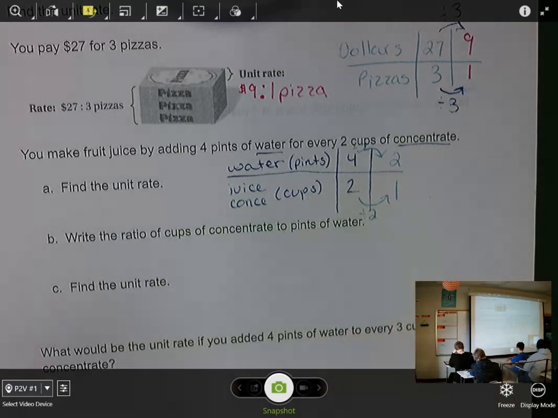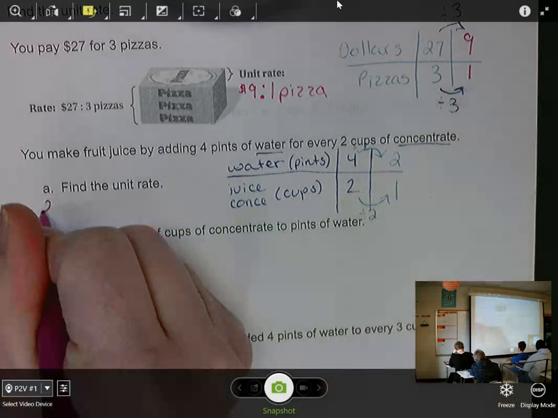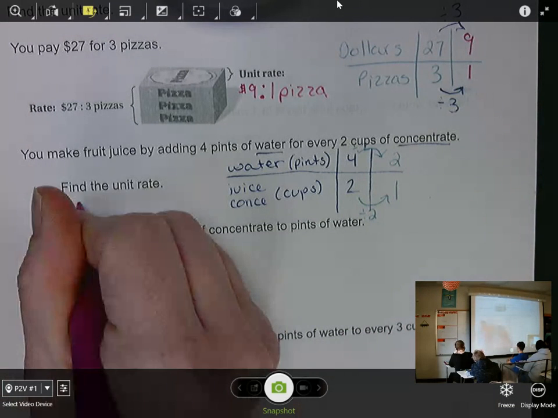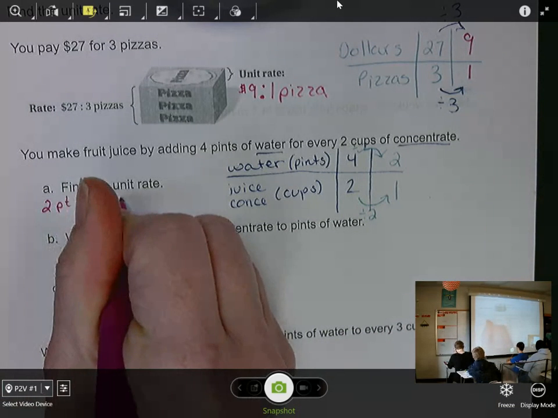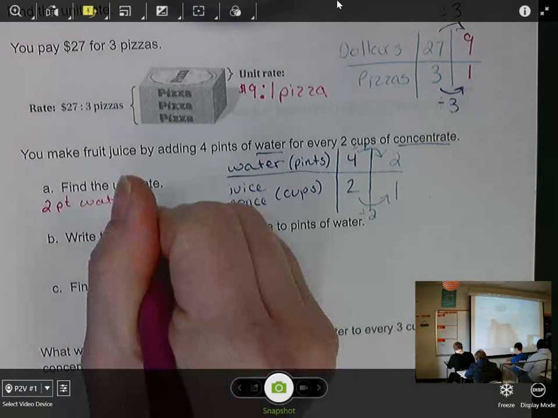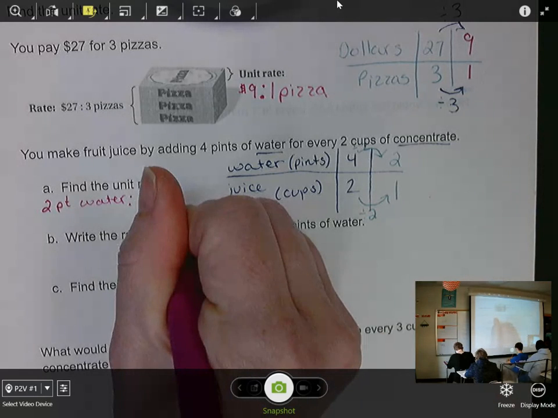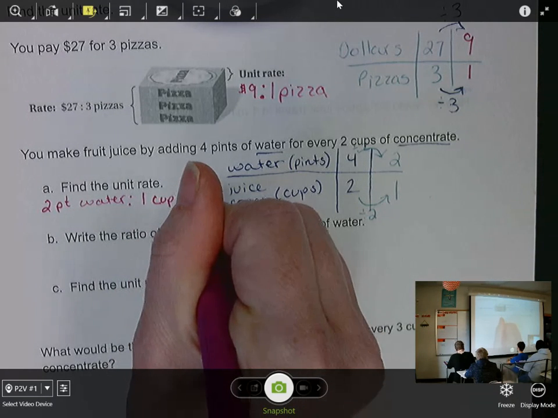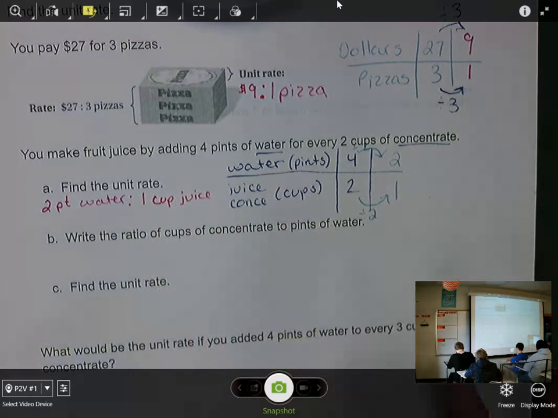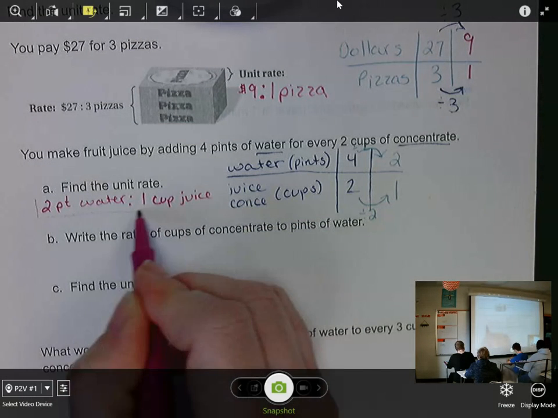Okay, so let me write that. 2 pints of water, and you can abbreviate pints, PT, for 1 cup of juice. And it's juice concentrate. You can put concentrate on there. I ran out of room. But this is my answer.